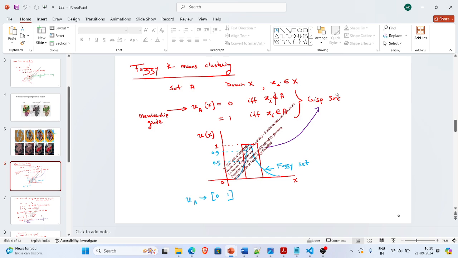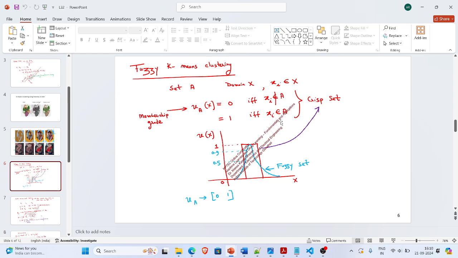Otherwise it is 0 if it does not belong to that set or class. What happens with fuzzy k-means clustering is that the belongingness to a class may not be an exact 1, nor will it be exact 0 if it does not belong. It will be something between 1 and 0.